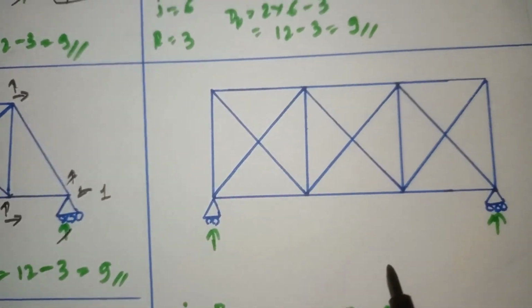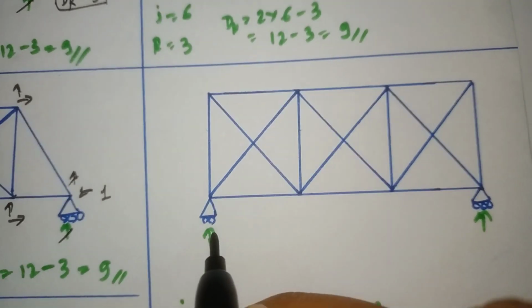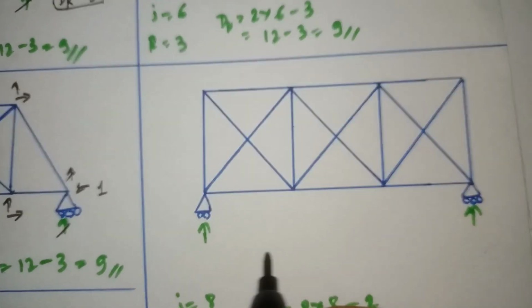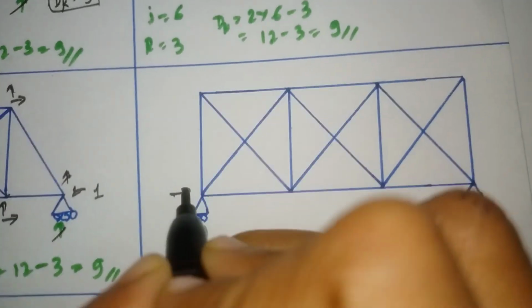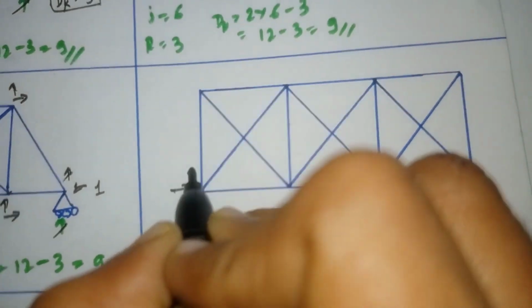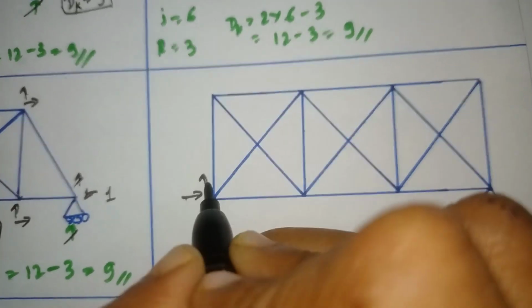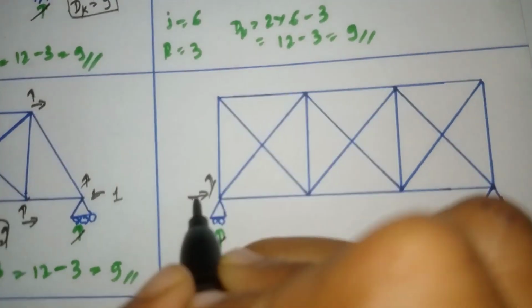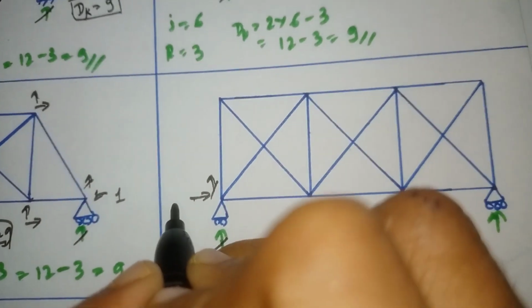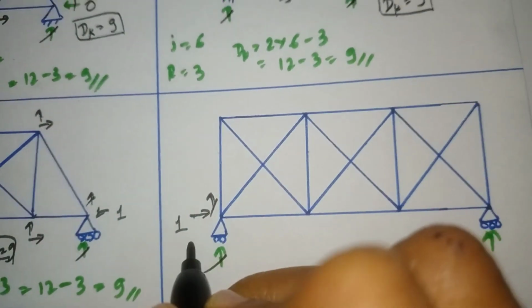Now we'll see the next. At this structure, both ends are connected to a roller. So one horizontal deformation and vertical reaction is there. Here also vertical reaction is there and vertical deformation is there. Both will cancel each other. Only one deformation is there, that is horizontal.